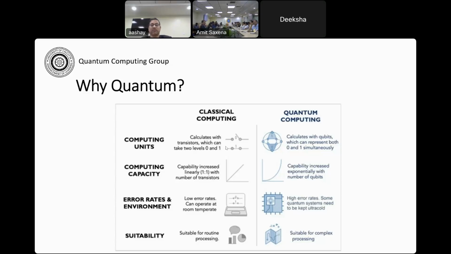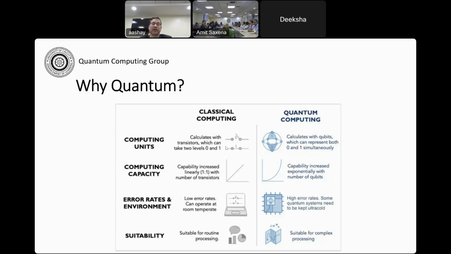And the last thing I mentioned earlier is that when we try to look into an algorithm and ask whether it can go into the quantum domain, this is a decision which needs to be taken very judiciously. It's not a thumb rule. Every algorithm in a classical domain cannot be parallelized, and similarly every algorithm might not have a speed up in quantum computing.